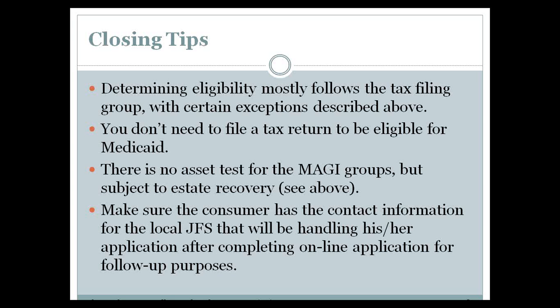There is no asset test for these MAGI groups, the groups we've been talking about, but it is subject to state recovery. You want to make sure the consumer has the contact information for the local job and family services that will be handling his or her application after completing an online application, for follow-up purposes.